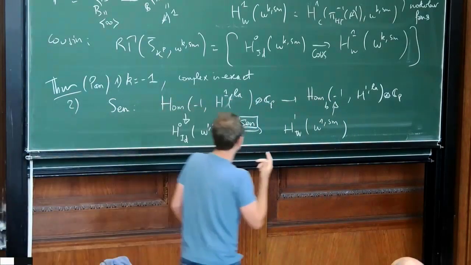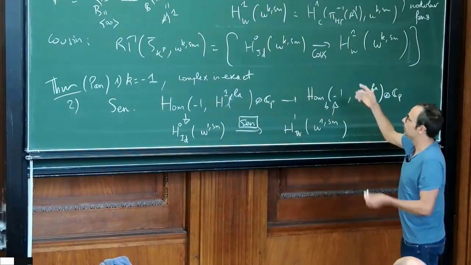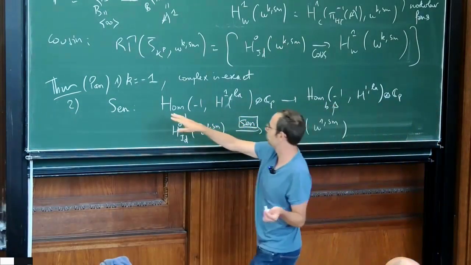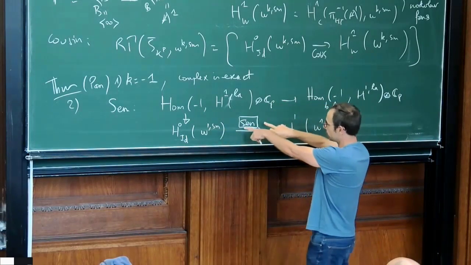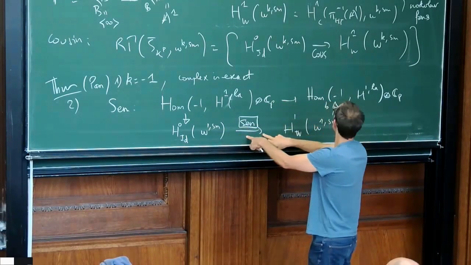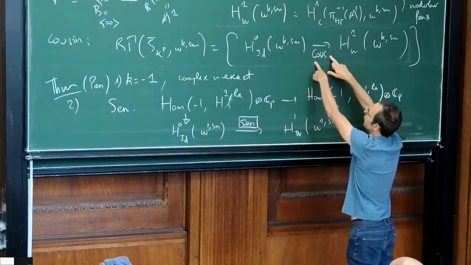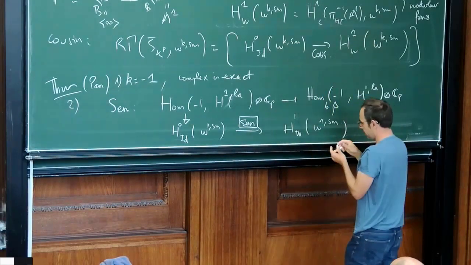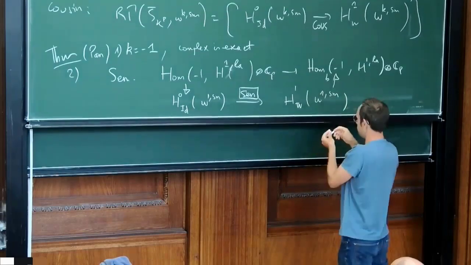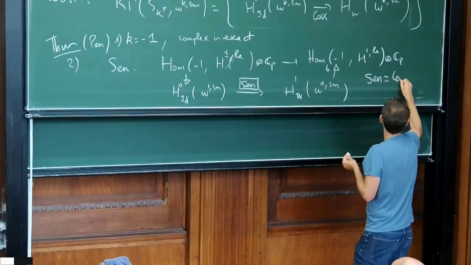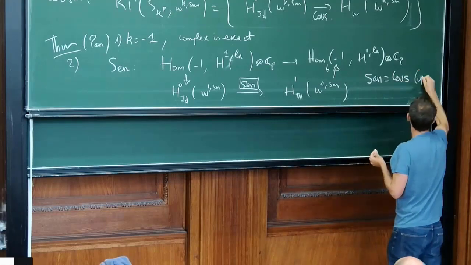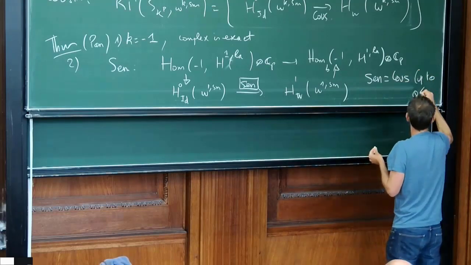It means that if you take k to be -1, so the weight of the modular forms is 1, then you get a Sen map there, and you also get a Cousin map there, and so the theorem is that the Sen map is the Cousin map, maybe up to a scalar.